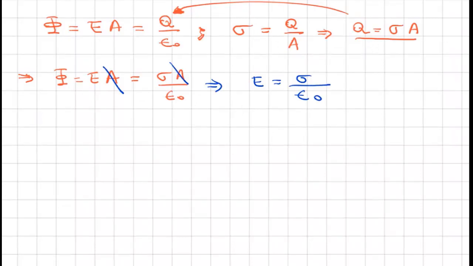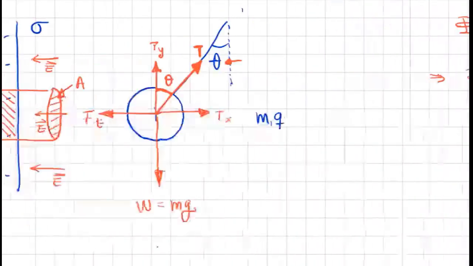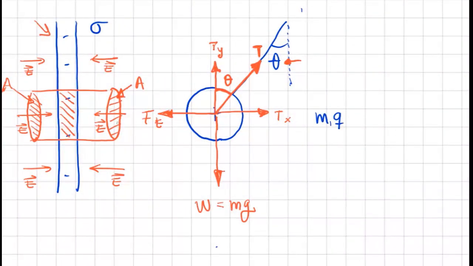But we have to be careful with this. If we come back to the illustration, the electric field is crossing through this area, but the electric field is crossing through this area too, on both sides. So we have two electric fields crossing the areas, one on the left and one on the right.